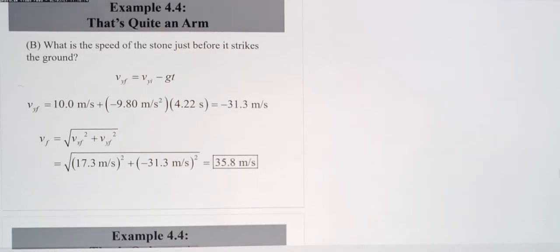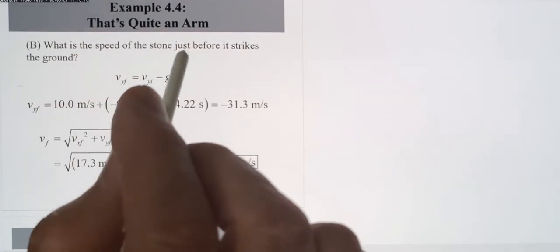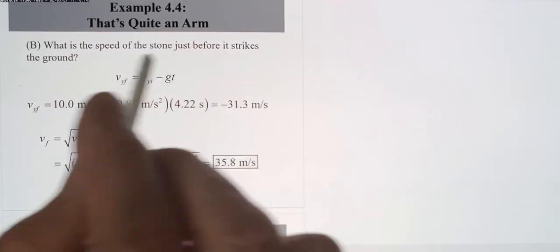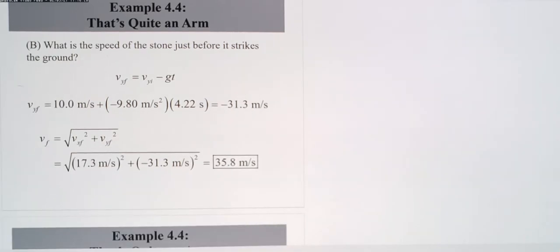Okay. What is the speed of the stone just before it strikes the ground? The time is the same for both, of course, because once it touches the ground, either in the x or in the y, that means the projectile motion is over.